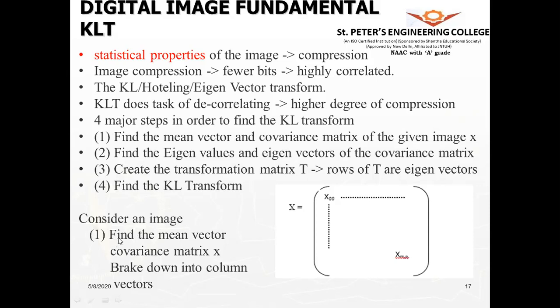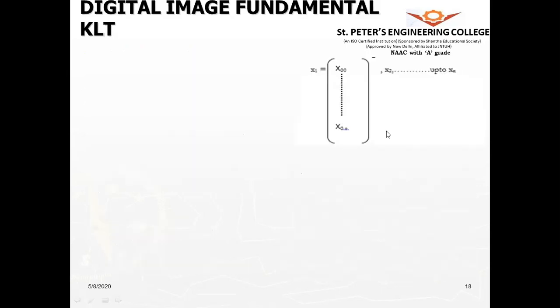First we find the mean vector and covariance matrix of X. To do that, we break down the entire matrix into column vectors. So we will have different column vectors. Here x1 will be the first column vector with all the first column elements starting from x00 to x10, x20, and so on up to x0m, because there are m number of rows.